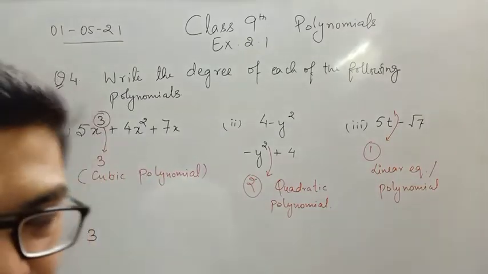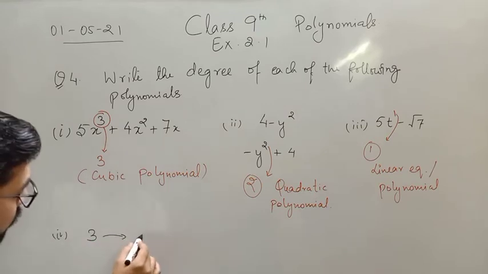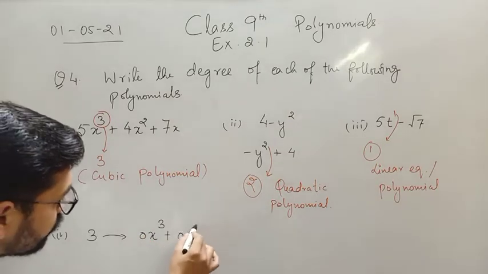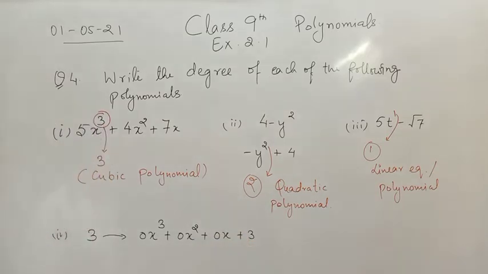Now what is the maximum degree, the highest degree, of 3? Can I write 3 like this: 0x cube plus 0x square plus 0x plus 3?